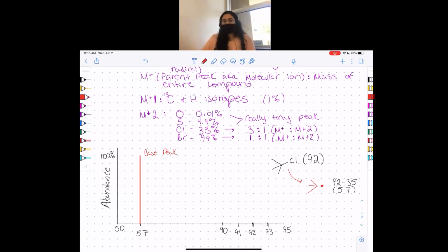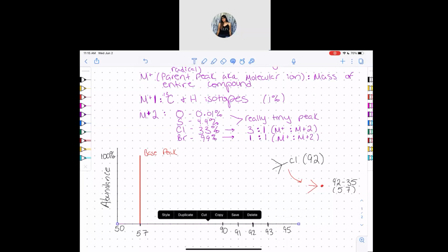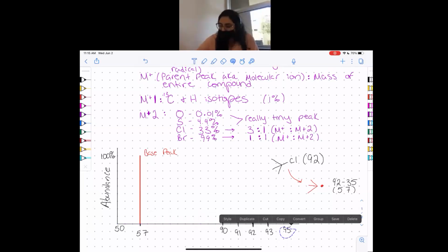All right, so next we have to fill in the M plus 1, and M plus 2 if we have it. At what number are we going to have our M plus peak? That one would be at 92. Exactly, and how do we know it's at 92?